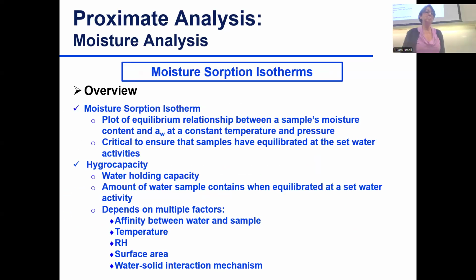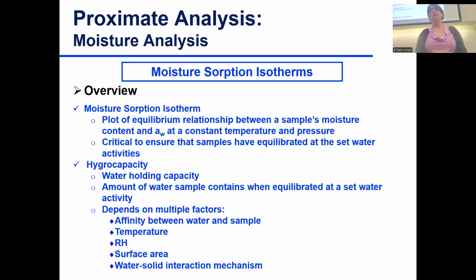So very briefly, I'll go over moisture sorption isotherm. It used to be a method where we would measure water activity and moisture content and plot the isotherm to determine the monolayer of different food products.